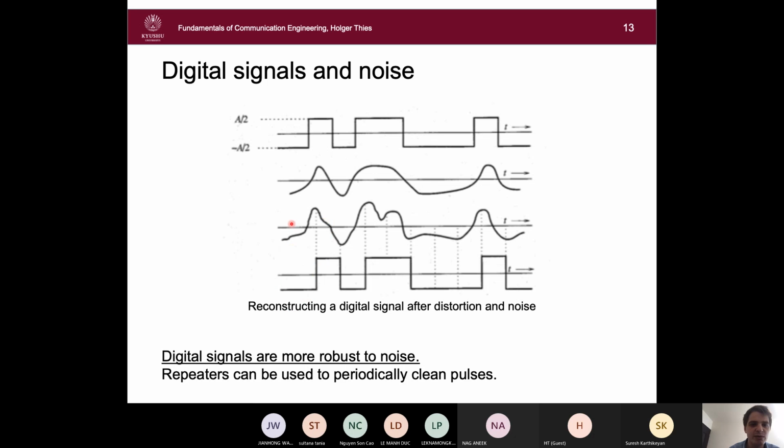We can look at how high we go, and if we are higher than a certain amount, we say this is 1, and if not, we say the bit we send is -1. Then we can easily reconstruct this digital signal if the change is not too much.